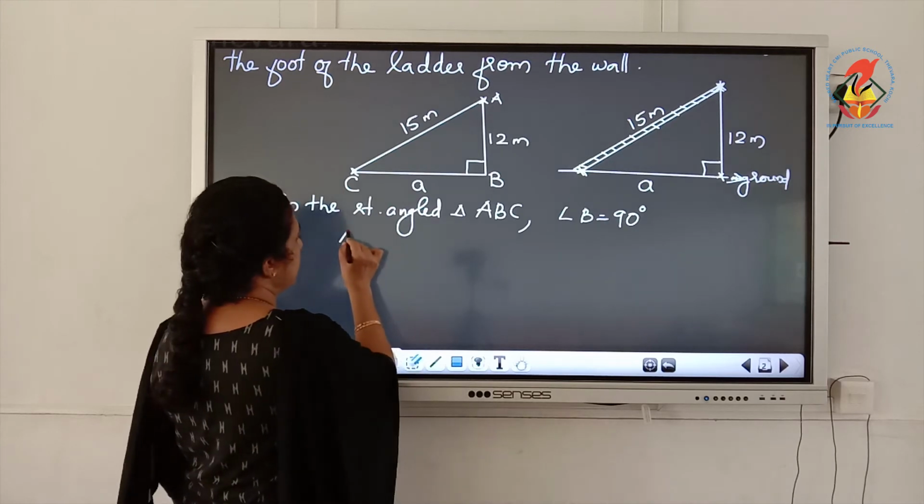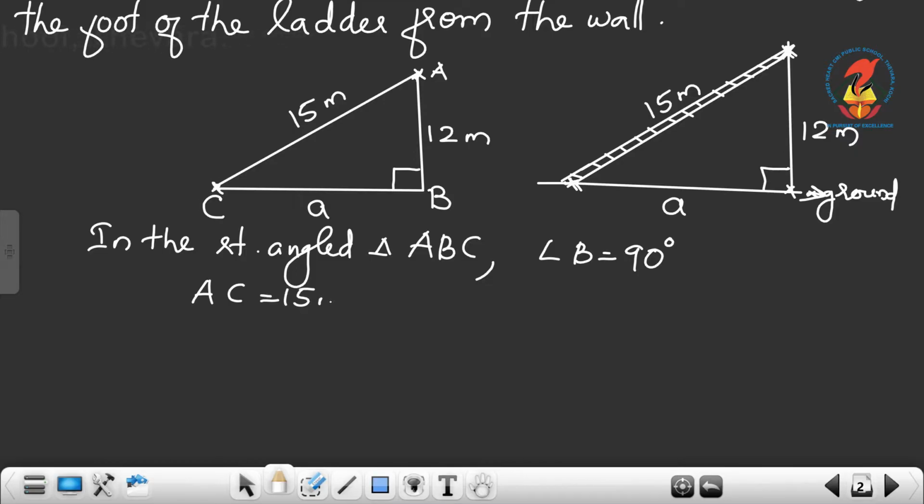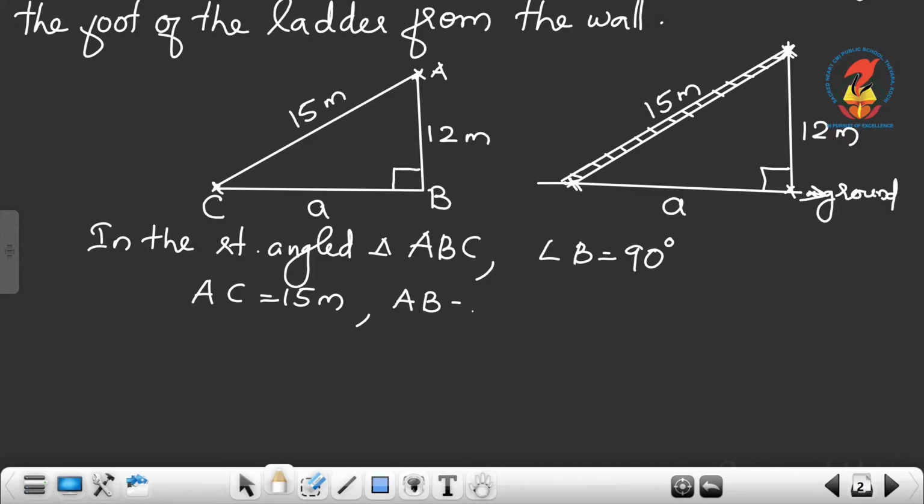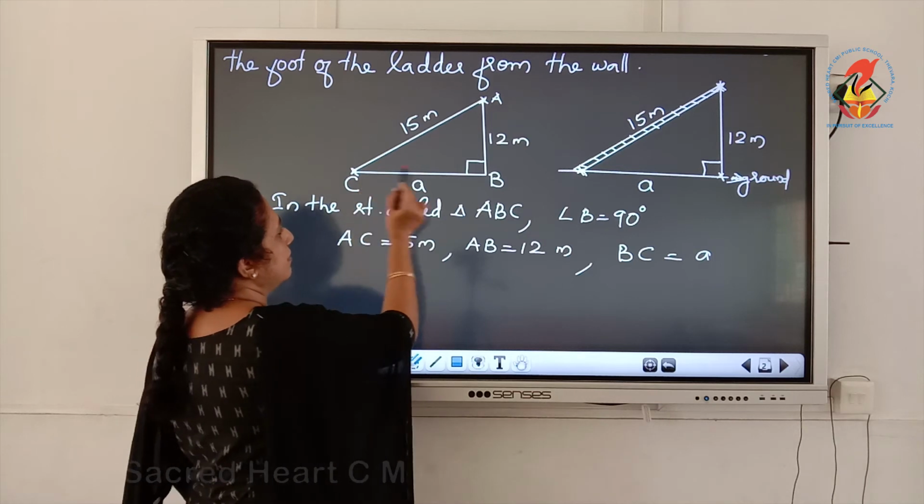So we can say that AC is equal to 15 meters. The other two sides we call the legs of the right angled triangle. So AB is equal to 12 meters, and BC or CB is given as A. So we have to find the value of A, that means the distance of the foot of the ladder from the wall.